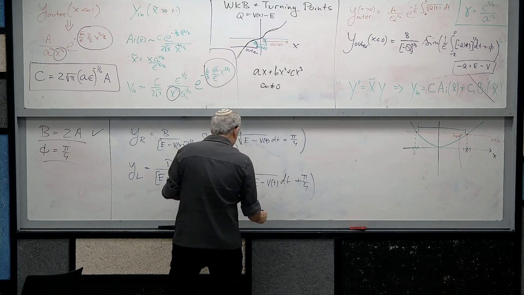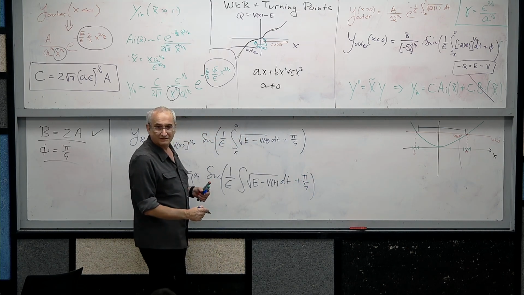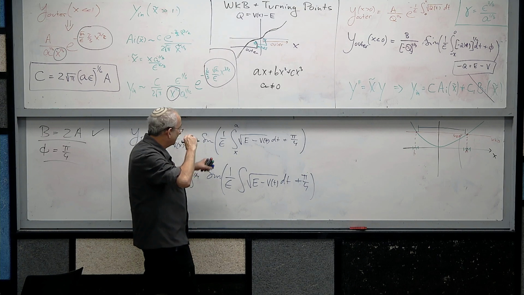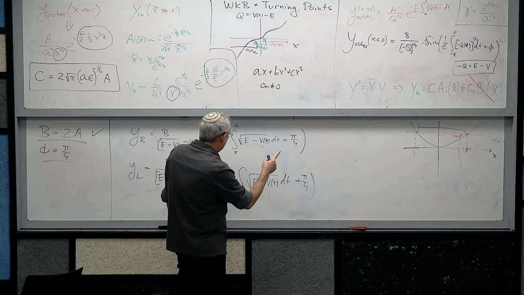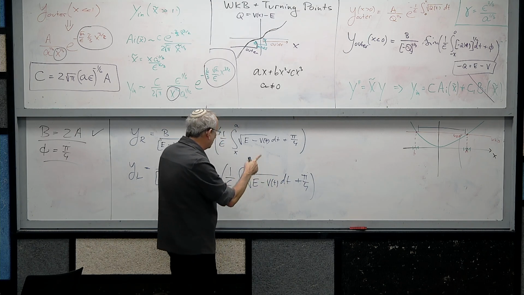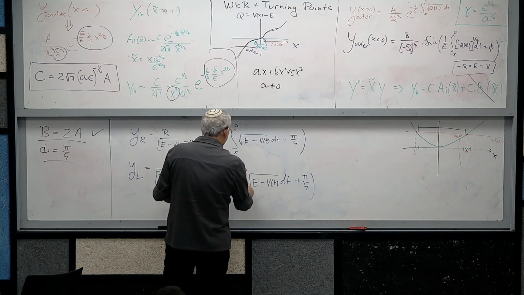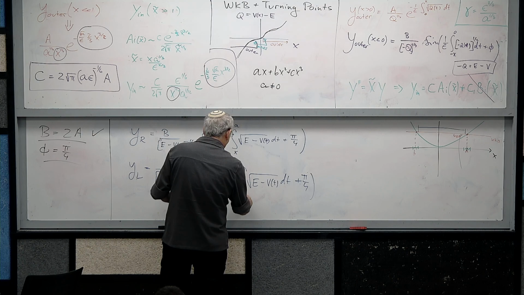My only problem is the limits, right? So again, to make things positive, I will do that from B to x.